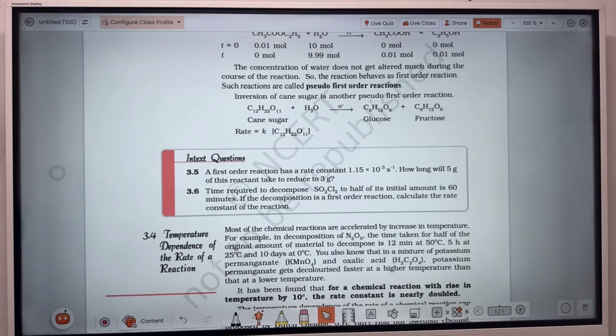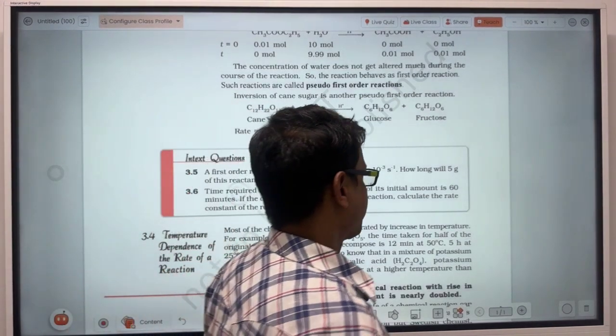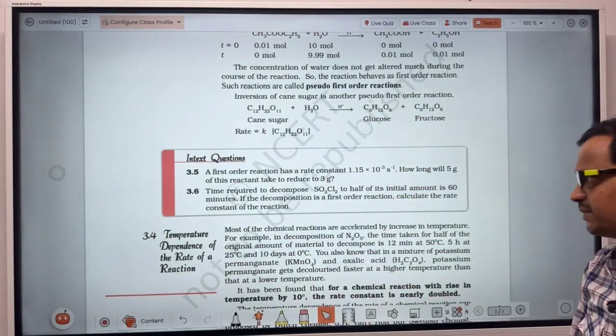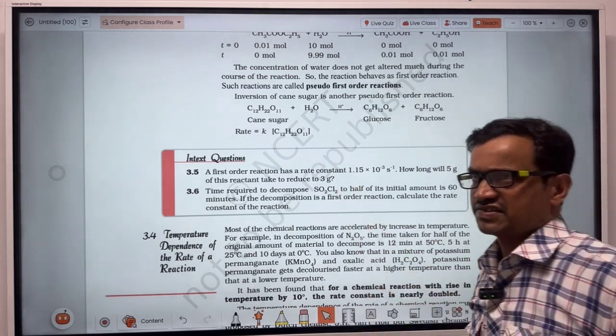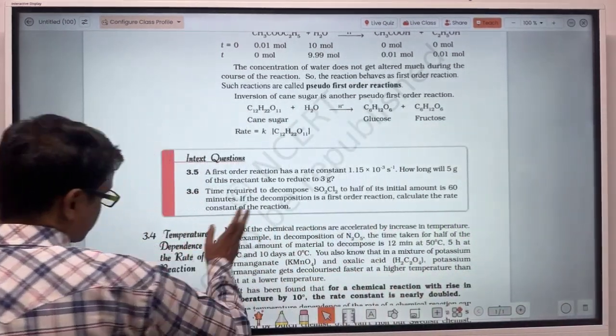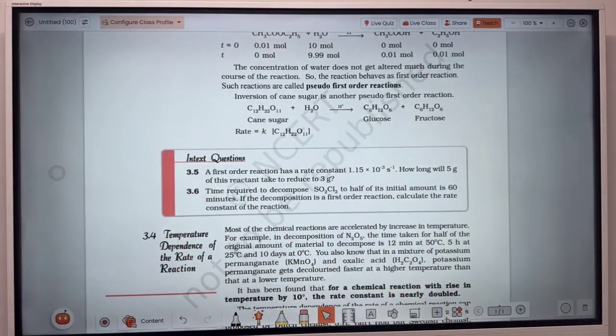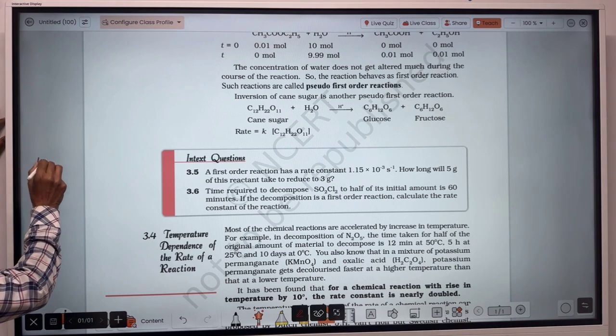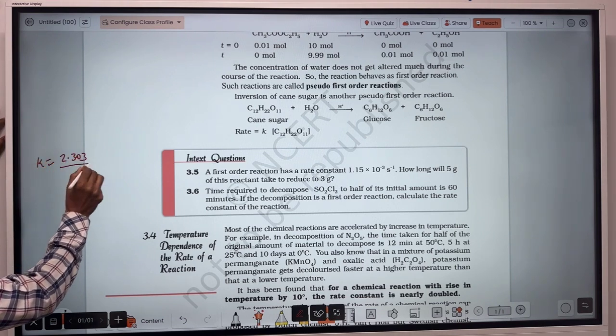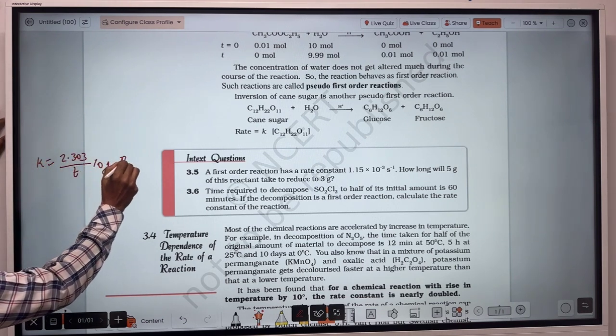You will have to find out the time period during which the concentration of reactant changes from 5 gram to 3 gram. That means the rate constant of the reaction, the initial concentration of the reactant and the final concentration have been given. So what will be the time period that you have to find out? You already know, for first order reaction, K equal to 2.303 upon T log R naught by R.